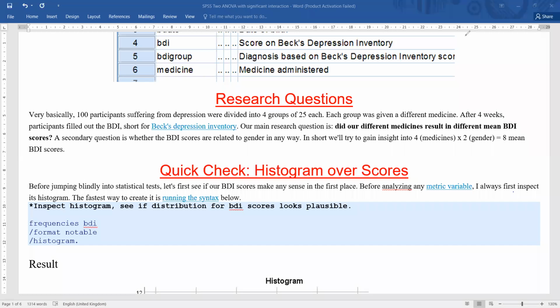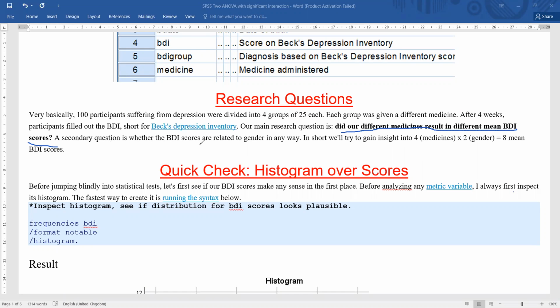In the research question, only two hypotheses are shown here. One is that different medicines result in different mean BDI scores, meaning whether medicine significantly affects BDI or not. The null hypothesis is that the average BDI will be the same for all the 3 or 4 types of medicines.